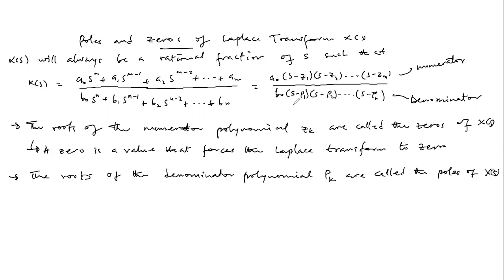And you observe that when s, for instance, is the same as p1, then this reduces to 0. Okay? And once this reduces to 0, whatsoever we have a numerator divided by 0, we tend to infinity. So in other words, the poles force the Laplace transform to infinity.